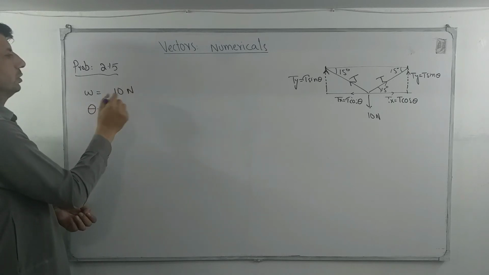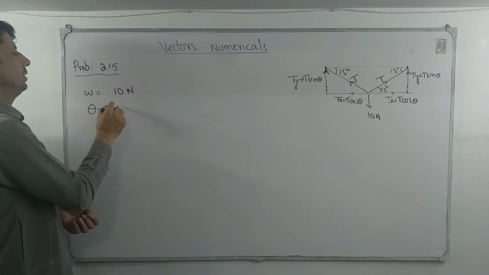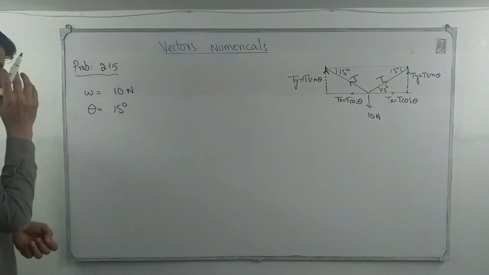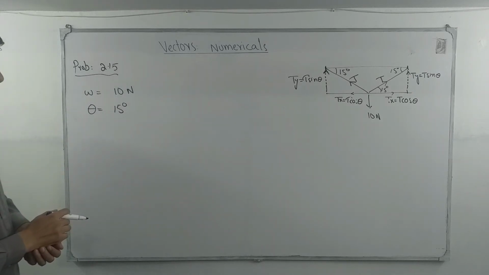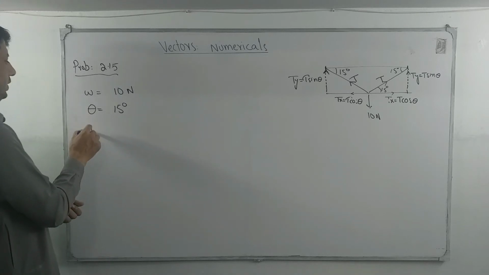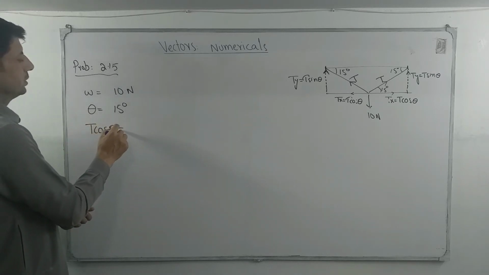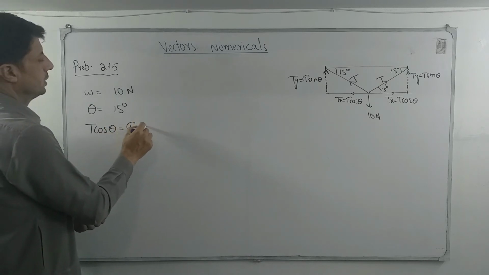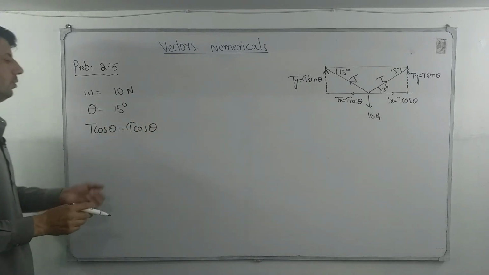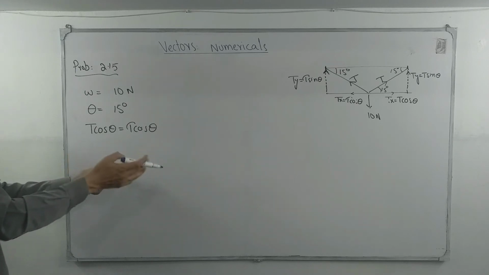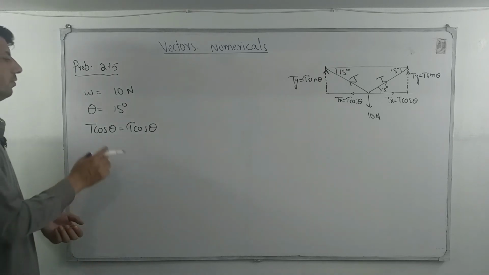It is equal to 15 degrees. Now T cos theta is equal to T cos theta. Therefore, both are the same, they cancel out with each other and we get nothing from here.